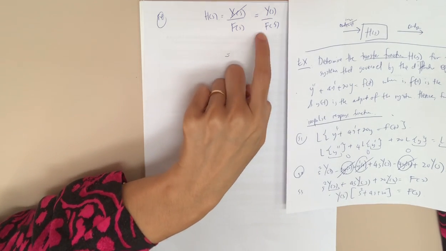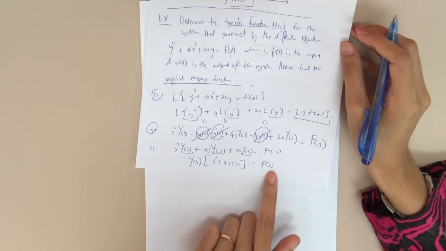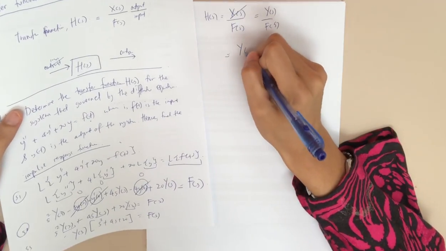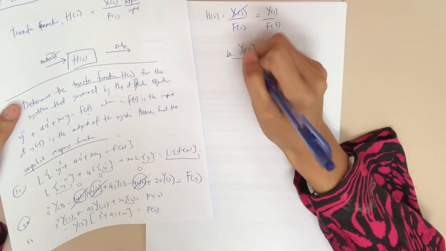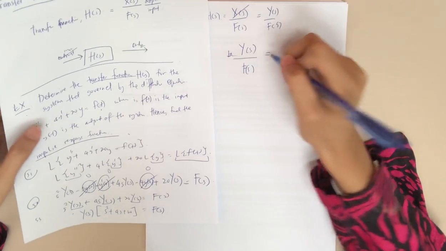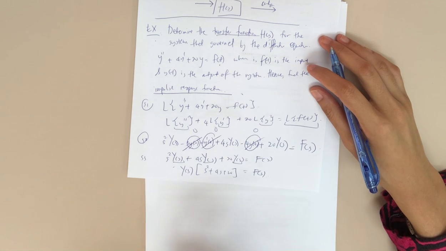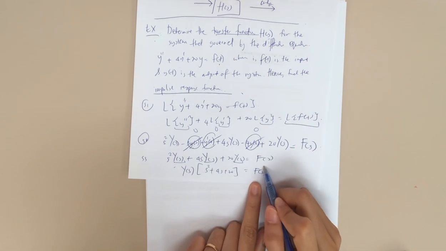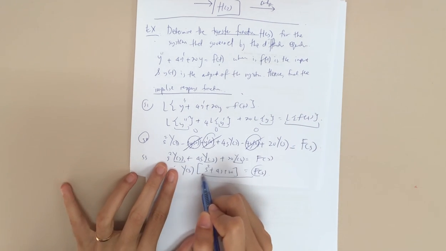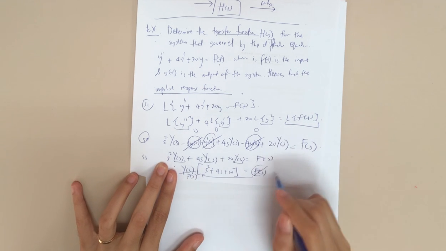What we do is bring this F(s) to the left hand side, so it will become Y(s) over F(s) and is equal. How about the right hand side? Because we already brought F(s) to this side, at the right hand side now it will be 1.